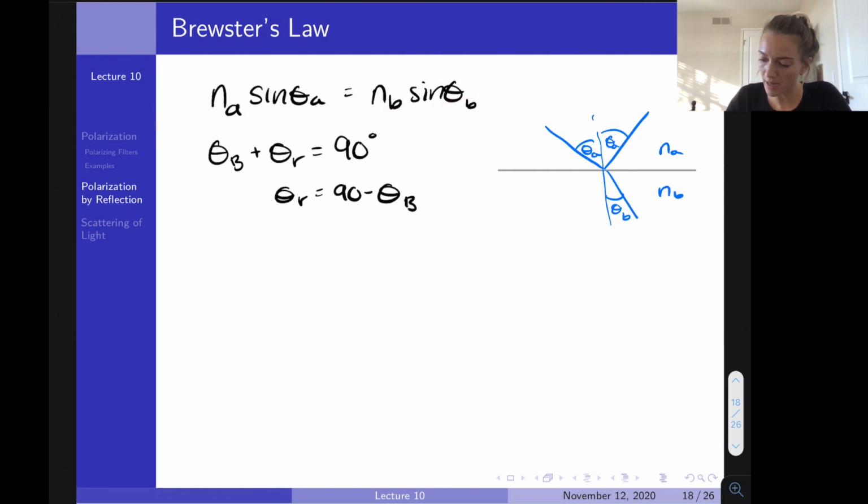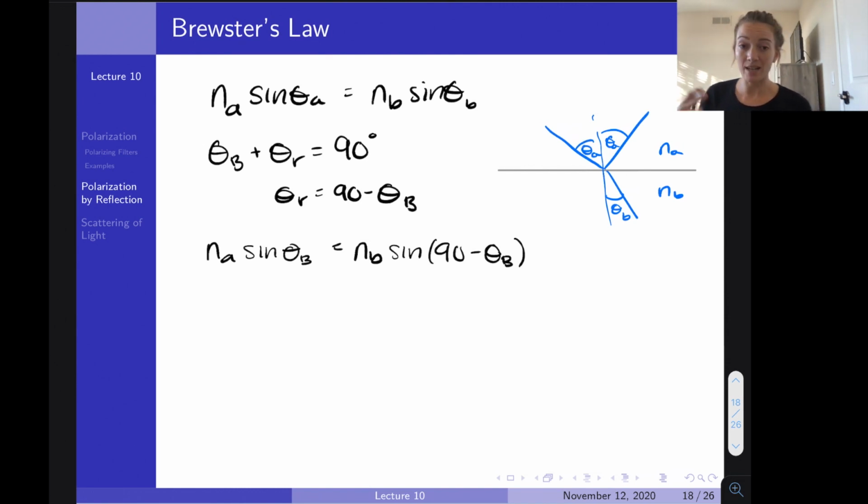So I'm going to rewrite this as nA sine theta A and nB sine of 90 minus theta B. And then this theta A is my Brewster angle, right? Because it's coming in, theta A is the angle of incidence, which in this case is the Brewster angle. So these are all theta capital B. Again, I apologize for the confusion in subscripts.